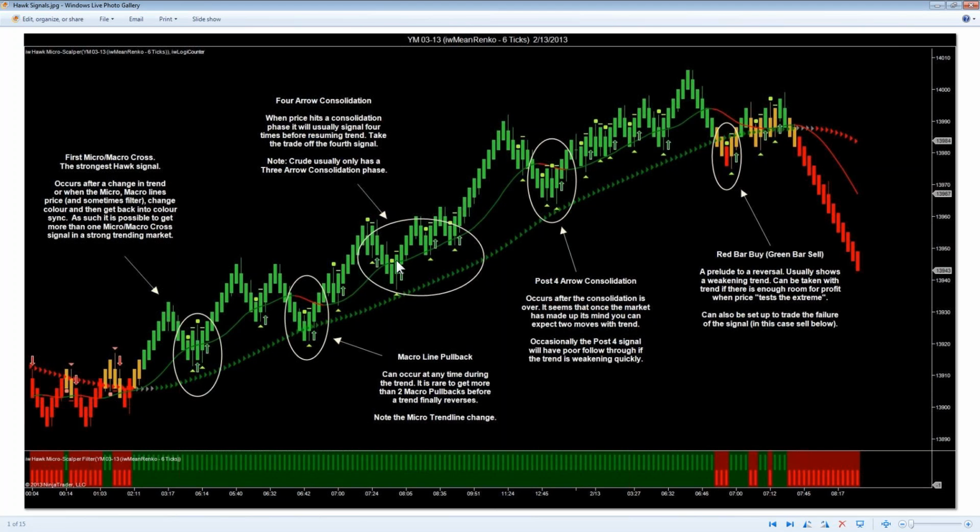So if you happen to find yourself getting in early, don't panic. When you see that 3rd signal, you know that 4th signal is not far off, and the market should rally from there. Another macro pullback signal, also in this case a post-consolidation signal.